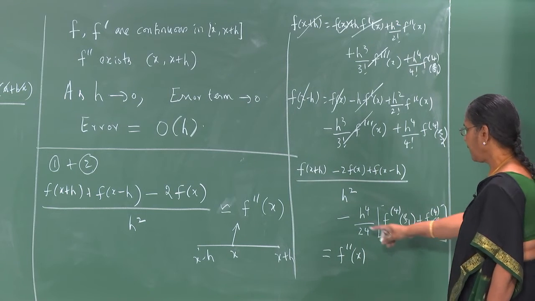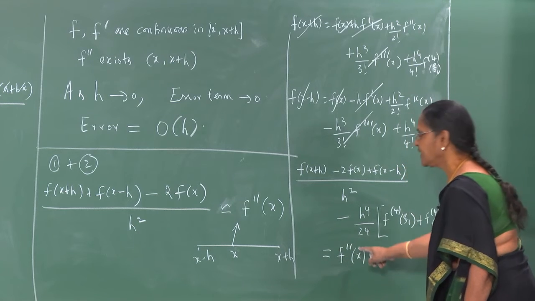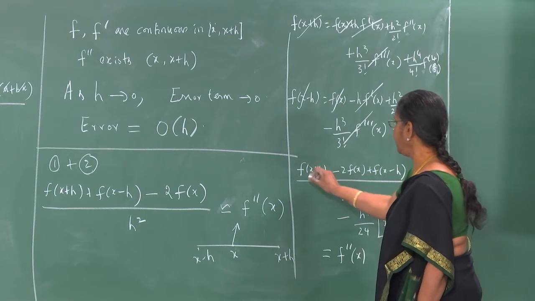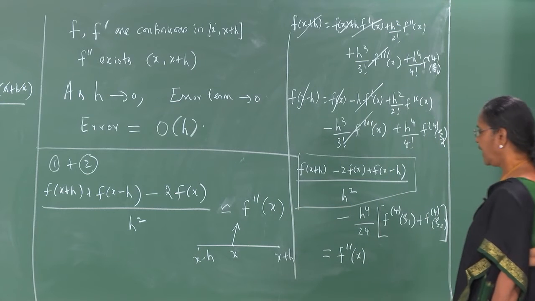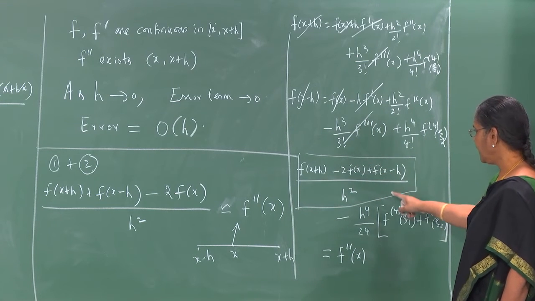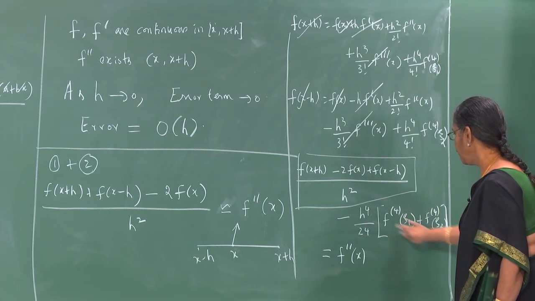So, you have f double prime x estimated by the first term, and the error that is incurred in such an estimation is given by the term which is this.